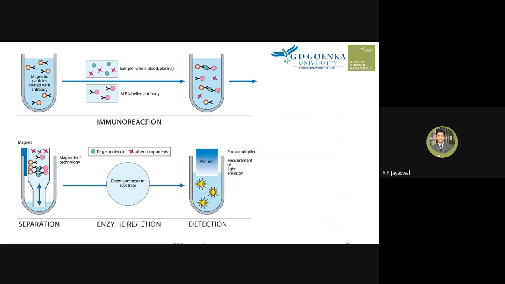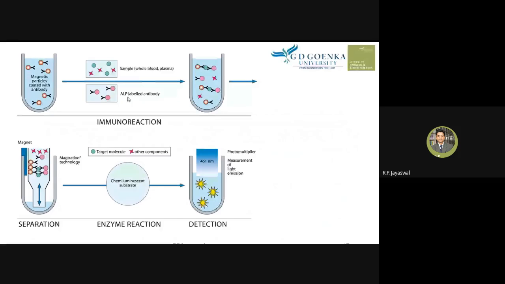This is the working diagram. First we can see the magnetic particles coated with antibodies, and here the sample, whole blood or plasma, contains the antigen to be detected. And again we have added the alpha fetoprotein labeled antibody, alkaline phosphatase labeled antibodies.